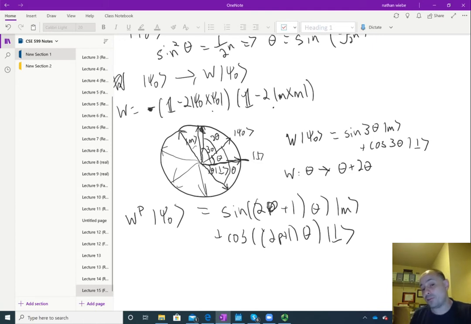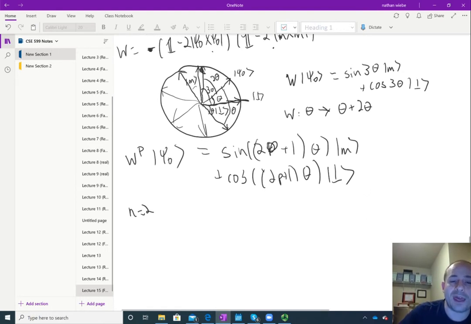Well, the answer is actually kind of straightforward. Let's look at the simplest possible case, which is n equals 2. In the case where n equals 2, what we have is the number of states, which we've assumed is a power of 2, is 4.